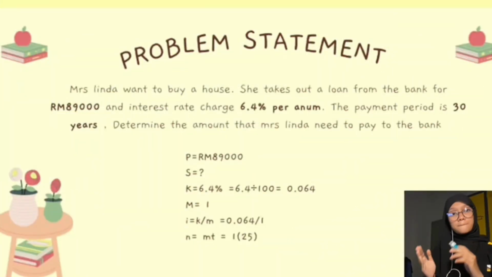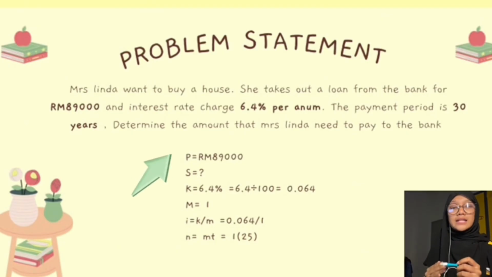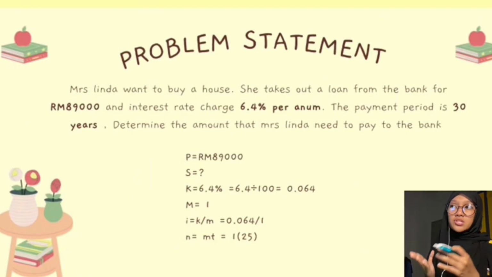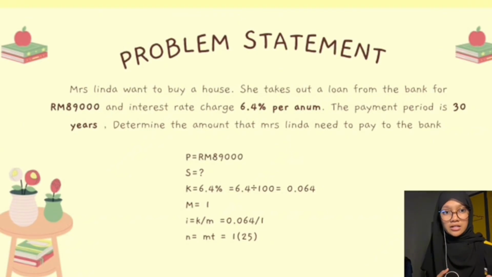Let's simplify the keywords that we got in this statement. First, P is the original principal, so we get 89,000 ringgit. S we cannot find yet, because we need to determine the final amount, which is the maturity value. K is 6.4%, which we change by dividing by 100, so we get 0.064.